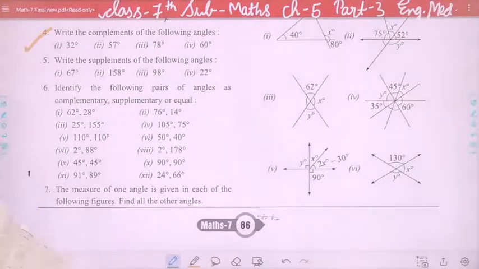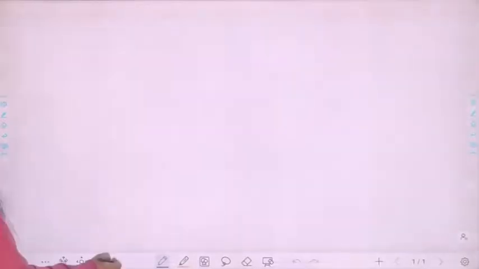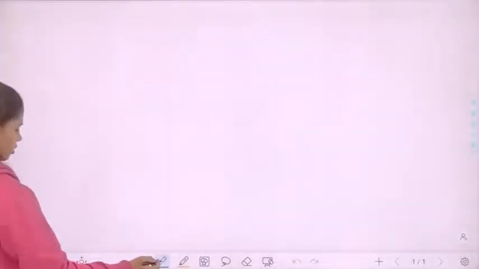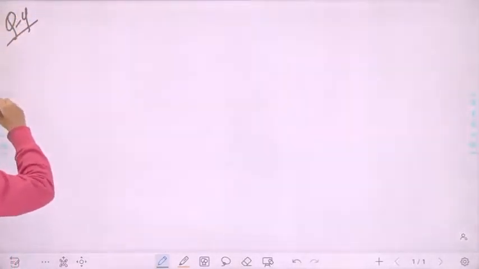Let's start with the complementary angles. Question number 4. Right?